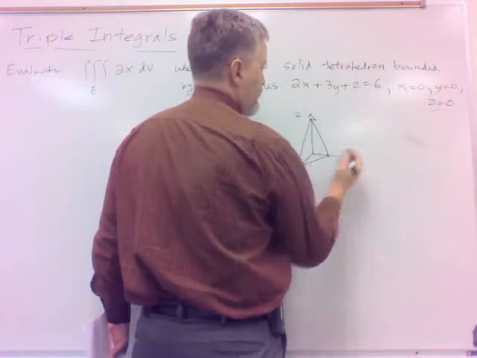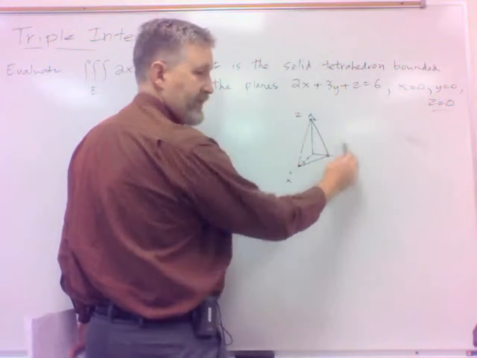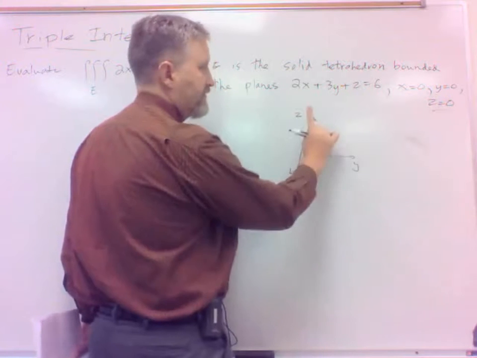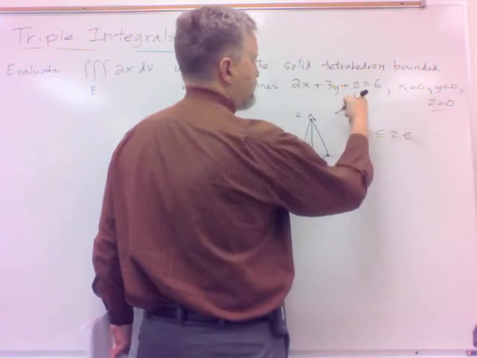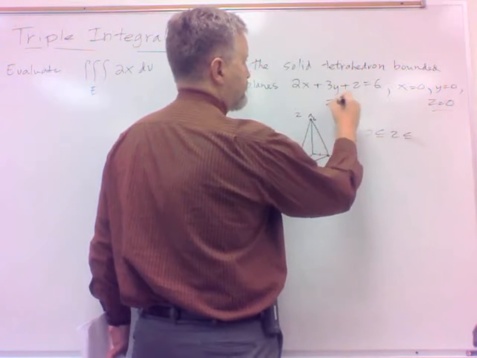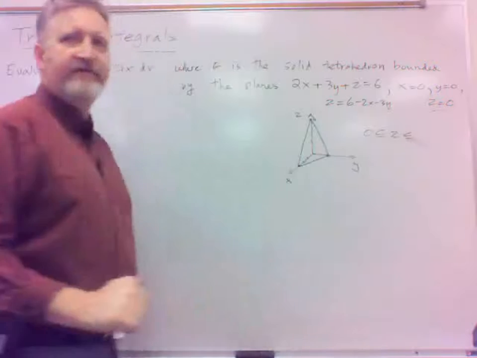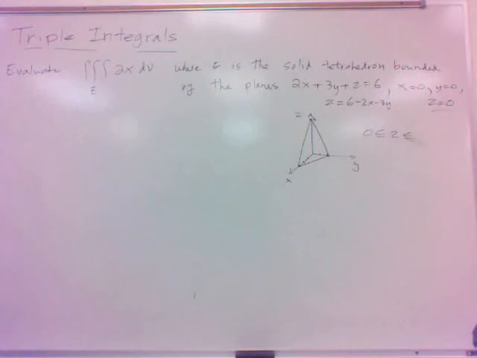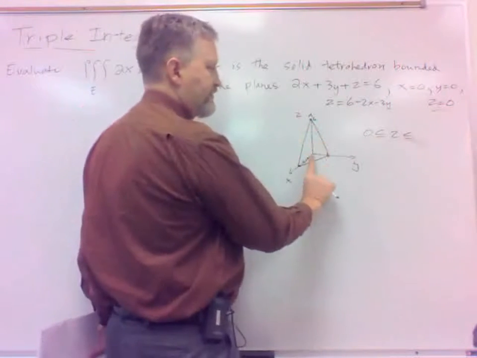They go from 0 to this plane surface, so that would be between 0 and 6 minus 2x minus 3y. So the z's are going to go between 0 and the plane.